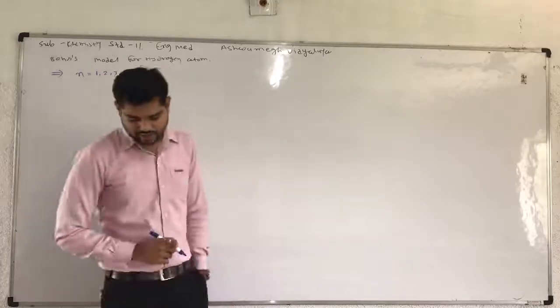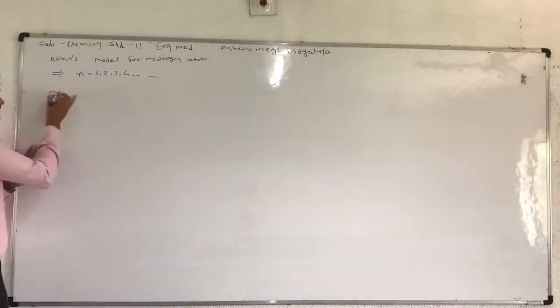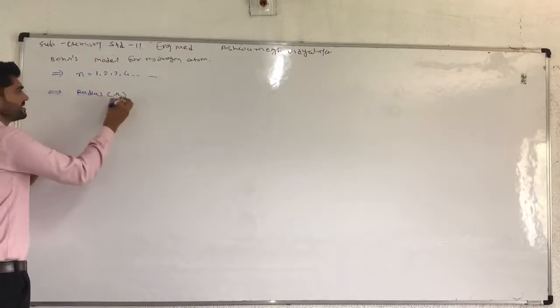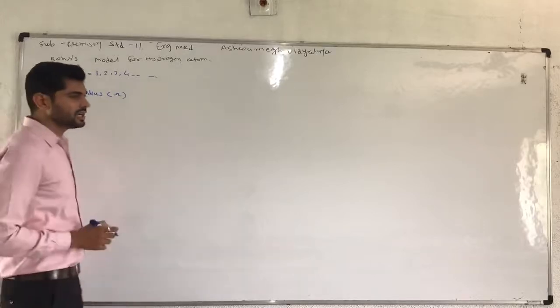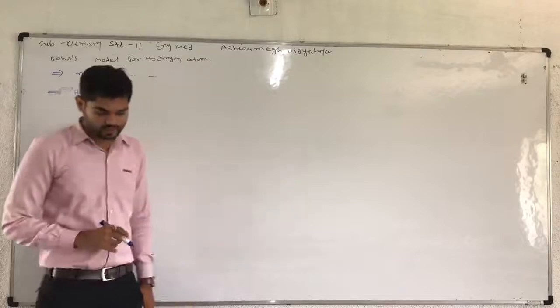Second statement, we discuss the radius of the orbits. Radius is represented by r. Radius of a fixed orbit means electrons rotate only in a particular orbit.